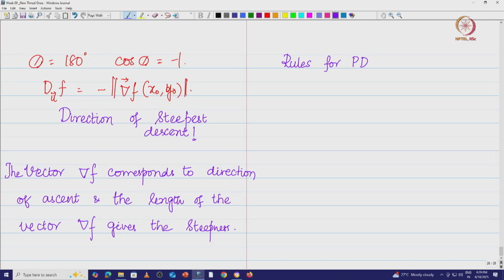So in the next class, we will look at the rules for partial differentiation and the chain rule, and follow it up with the Jacobian and Hessian.